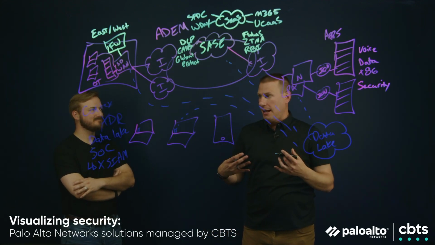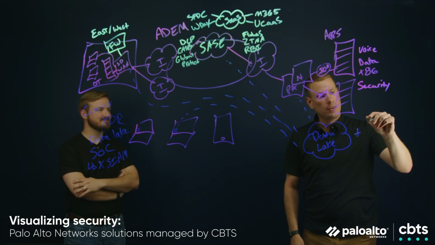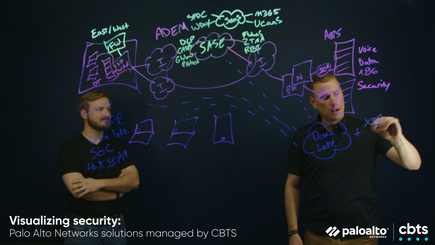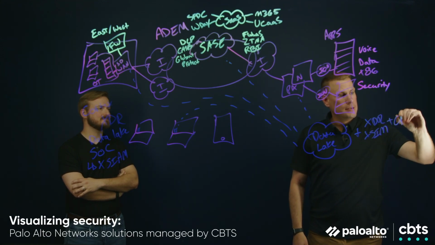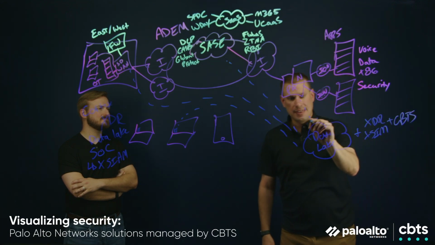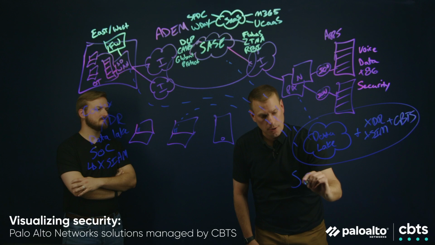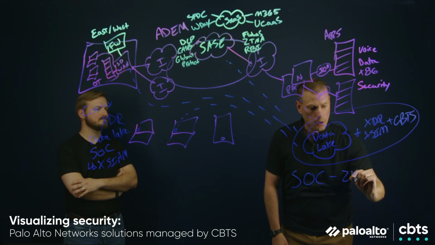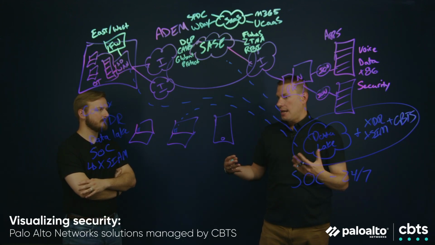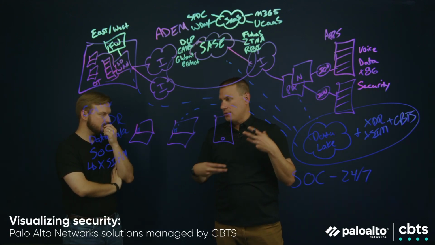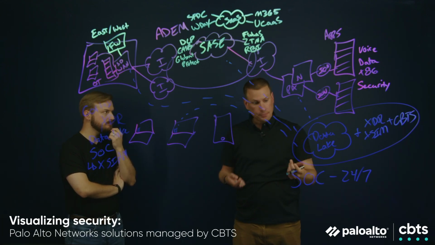And so when you pair a Cortex data lake with the Cortex XDR and XIM, and you pair that with CBTS, this whole environment becomes CBTS's security operations center, 24/7, eyes on glass, looking at alarms, helping understand what's an actionable event, what's an alarm, what's an incident, helping to make heads and tails of this entire environment.